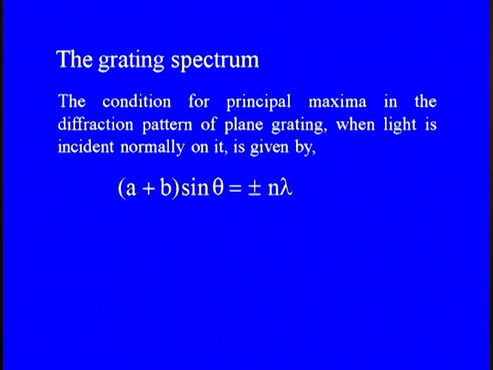Now, we will discuss the grating spectrum. The condition for principal maxima in the diffraction pattern of a plane grating when light is incident normally on it is given by (a + b) sin θ = ±nλ.